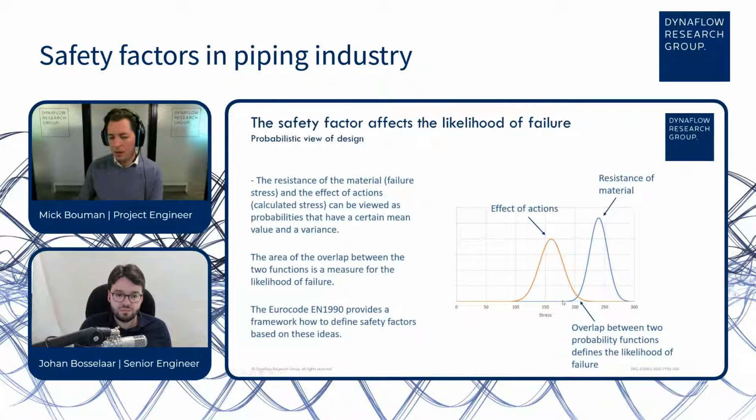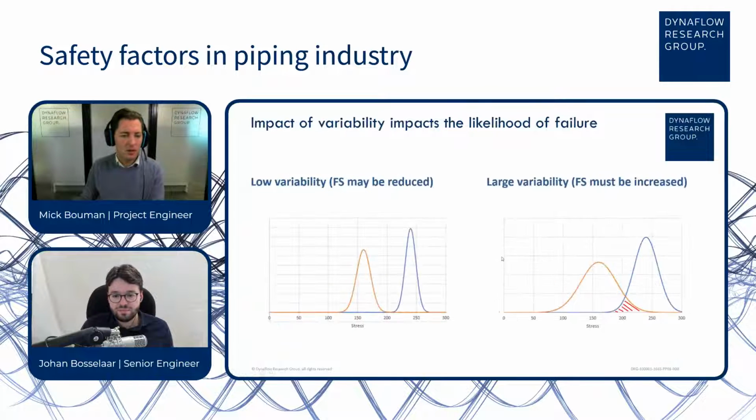In that case, the overlap of these two graphs is the likelihood of failure. And what you do by applying a safety factor is you're reducing the likelihood of failure. Because if you would overlay these two graphs, then you would have a 50% chance of failure, right? And we are looking for a very small chance of failure.